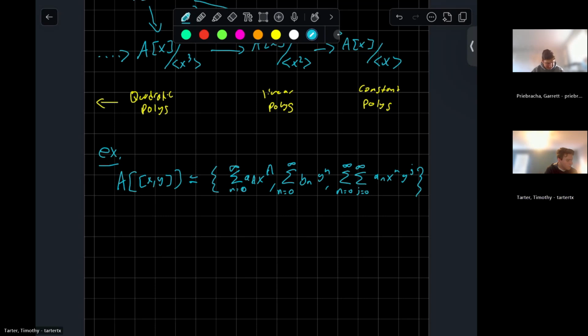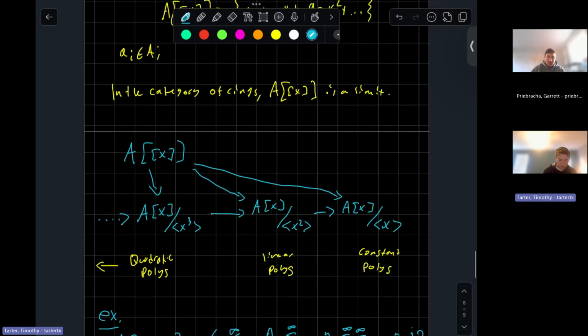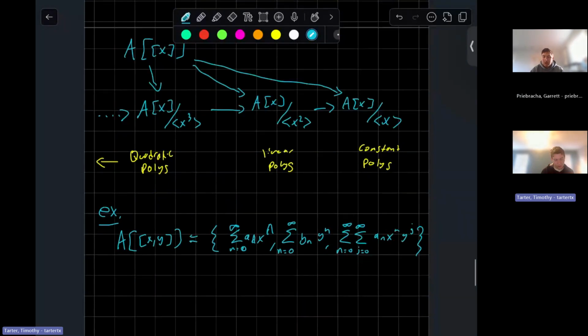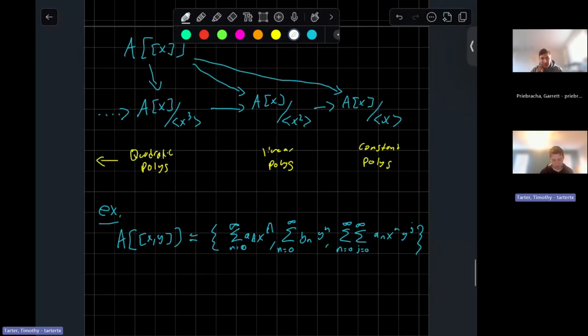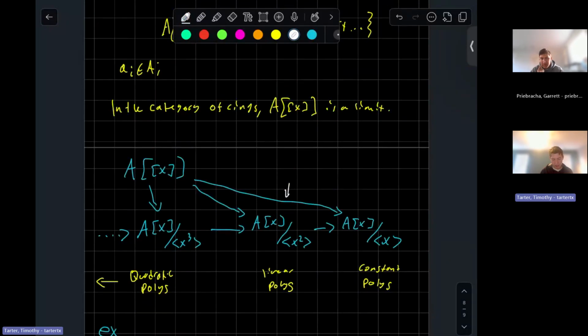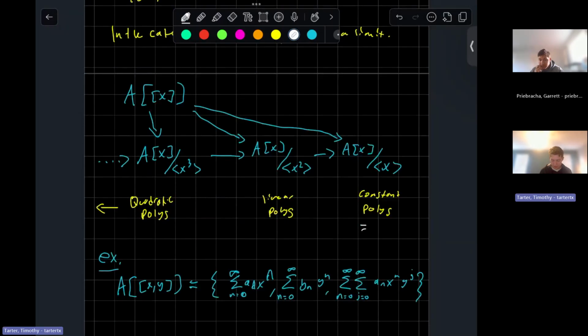And so the universal property of limits here gives us a ring morphism from our polynomial ring over A into its power series, because constant polynomials are just A, right?